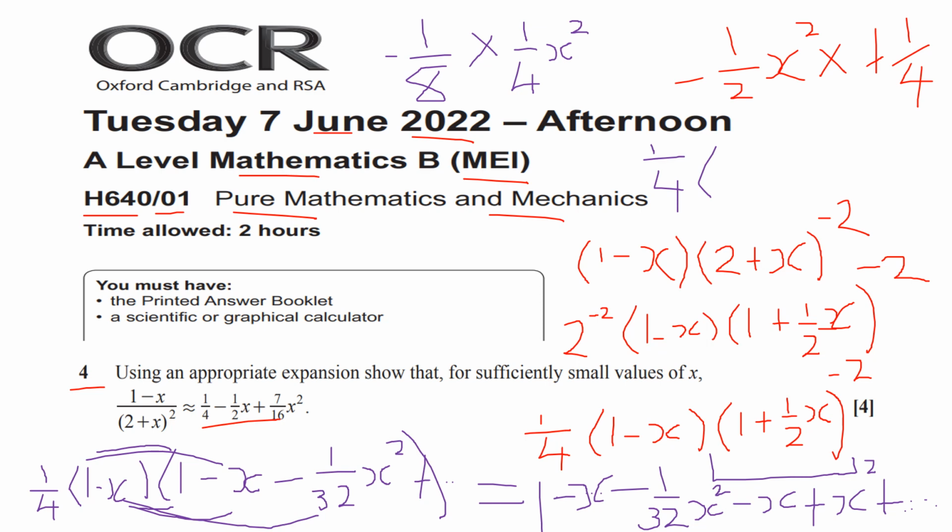I have a quarter 1 minus x goes to minus 2x. But then here's the issue. We've got minus 1 over 32 plus 32 over 32, because obviously that's equal to 1. 32 minus 1 is going to be 31.